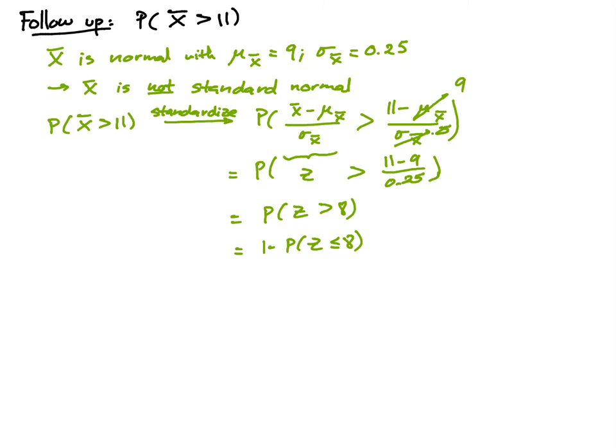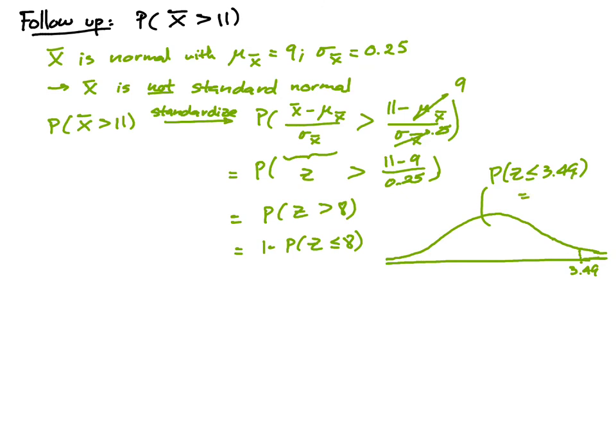Let's draw the normal distribution. Let's say that's your normal distribution. We know the table goes all the way to, let's say this is 3.49, and we know that the area to the left of 3.49 is 0.9998.